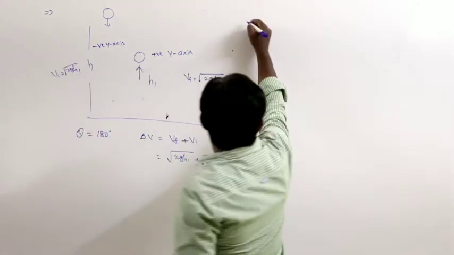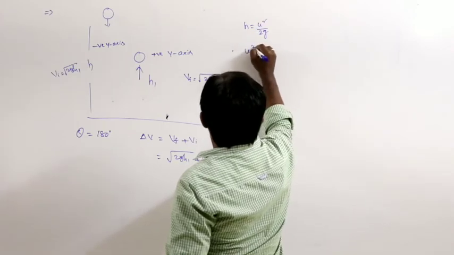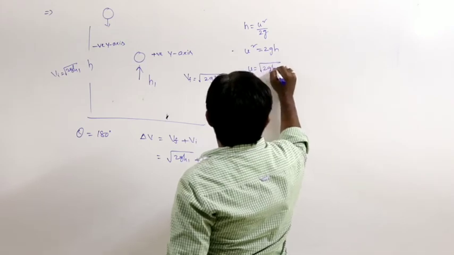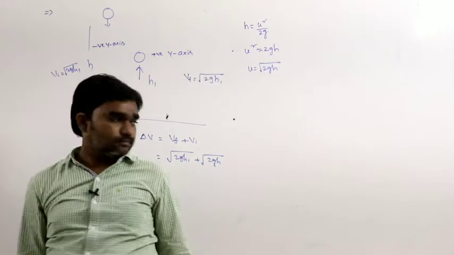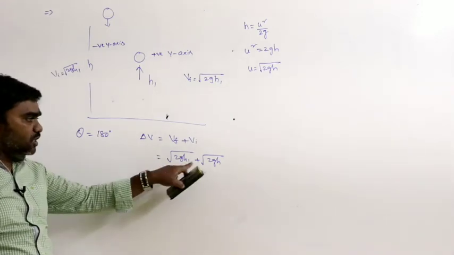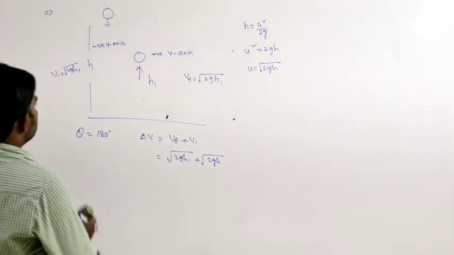The maximum height formula in motion in a straight line: h equals u square by 2g, so u square equals 2gh, u is equal to under root 2gh. So this is the change in velocity: square root of 2gh1 plus square root of 2gh. So this is one model.